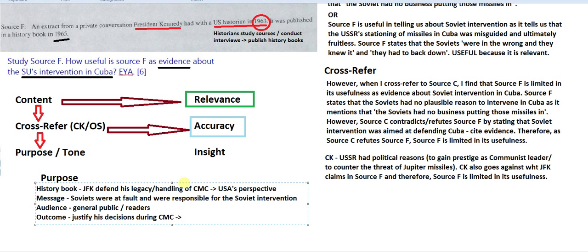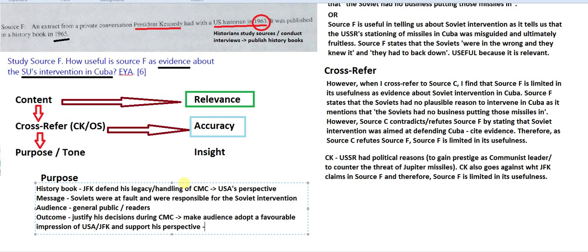The keyword here is justify. What happens is that he is trying to make the audience, which is the intended outcome over here, adopt a favorable impression of the USA or of JFK, and support his perspective. So this is the intended outcome.